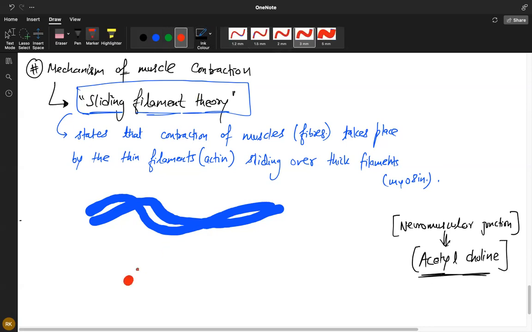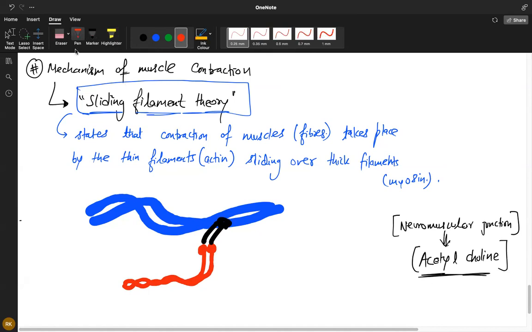And in red, this is one head. This is another head. This is myosin. So now what I have shown is that this can go and bind to the active pocket.